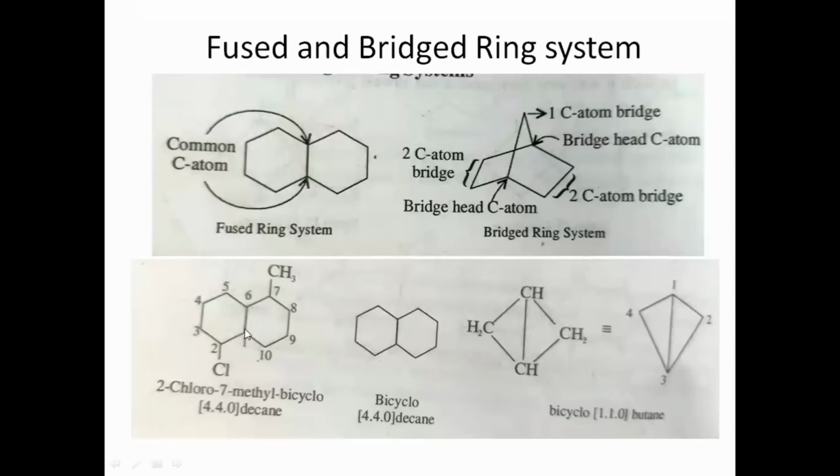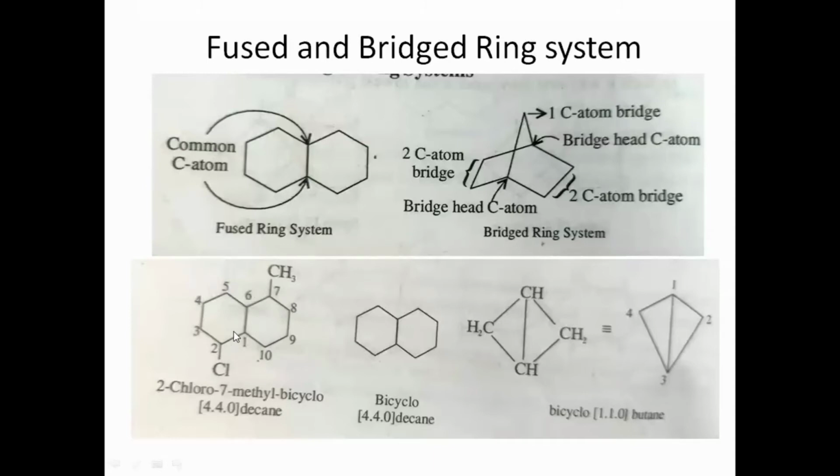So from here we will start the numbering like 1, then the substituent is there, so it will get the lowest number, 2, 3, 4, 5, 6, then 7, 8, 9 and 10. So there are 10 carbon atoms.